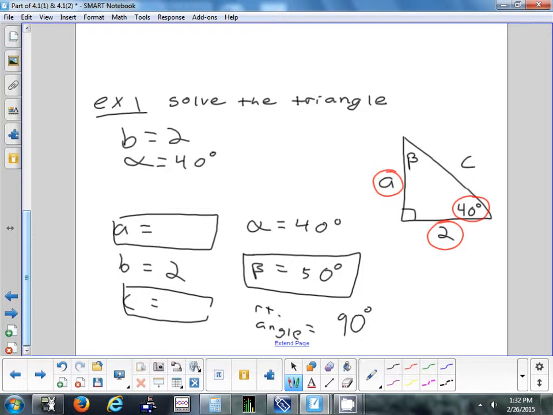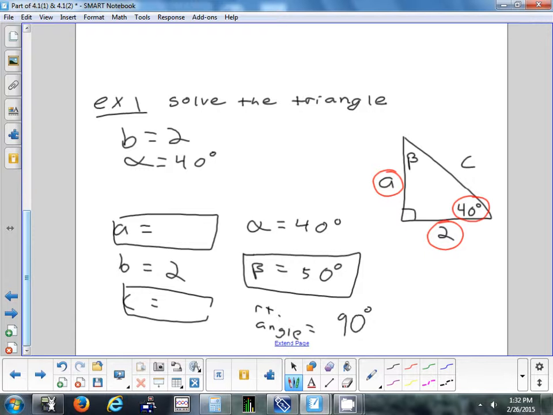So the way we're going to do right triangle trig, you could make a mistake on one part, but still get everything else right. Just because you get one part wrong doesn't mean you get the whole problem wrong. So I circled the two pieces of information we were given, and I circled the thing we want to find.